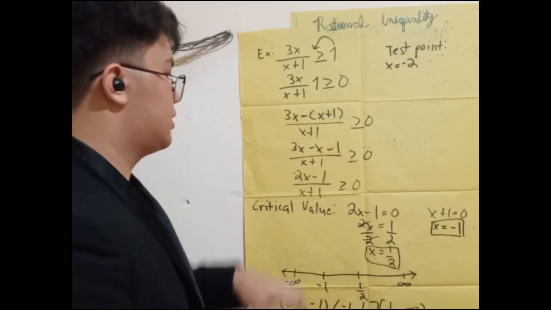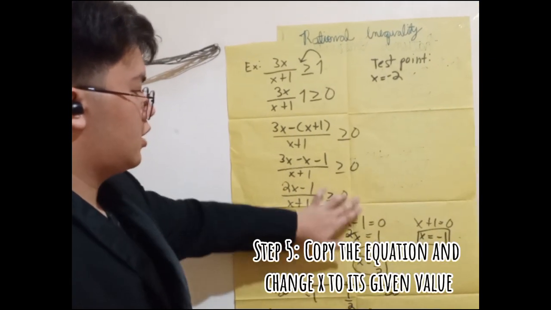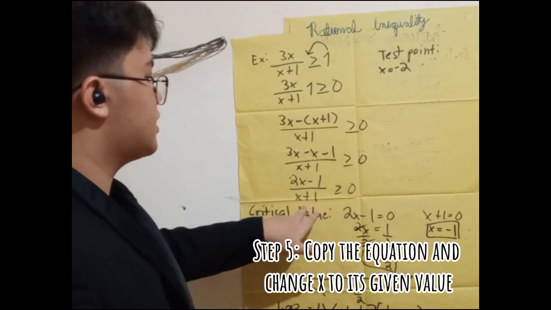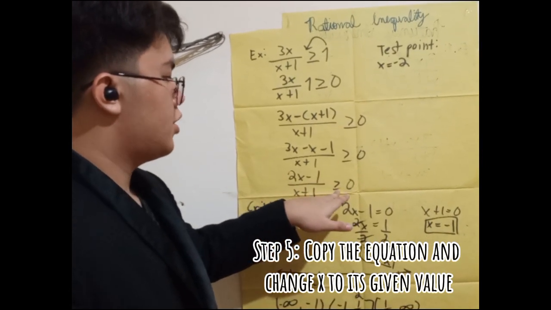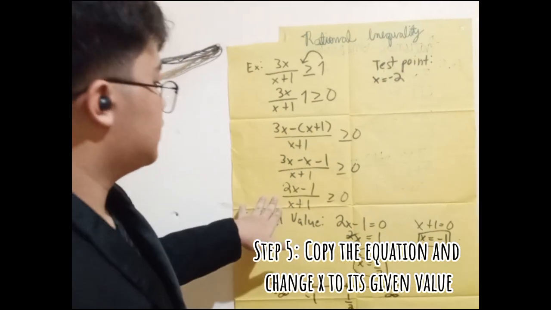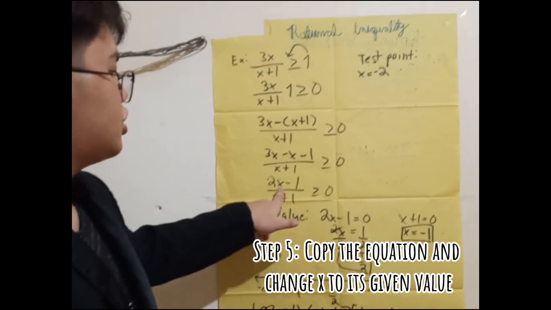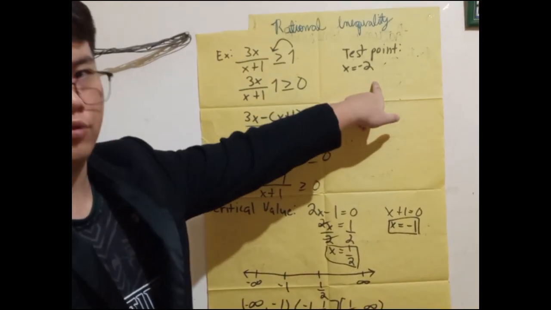Then let's copy this inequality, which is 2x minus 1 over x plus 1 greater than or equal to 0. We simply need to change x to negative 2.